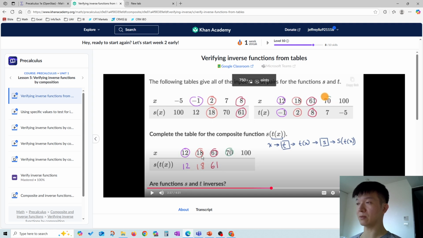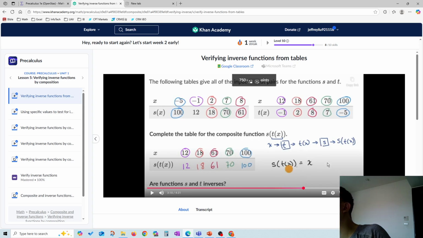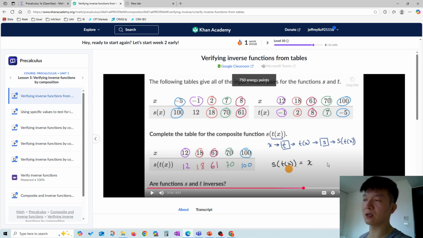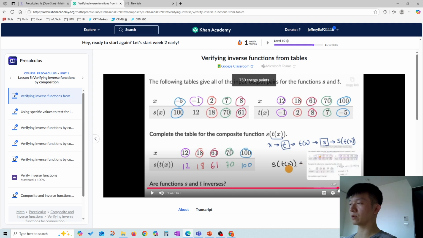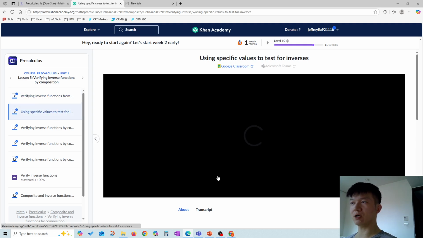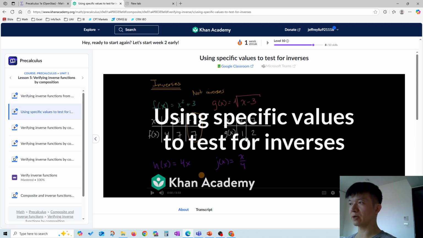They give you the answer that was originally presented here. So you will conclude that they are indeed inverses.